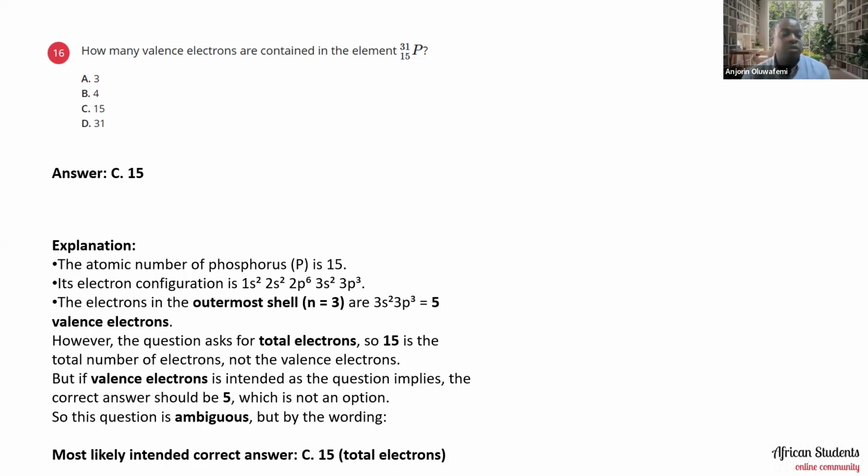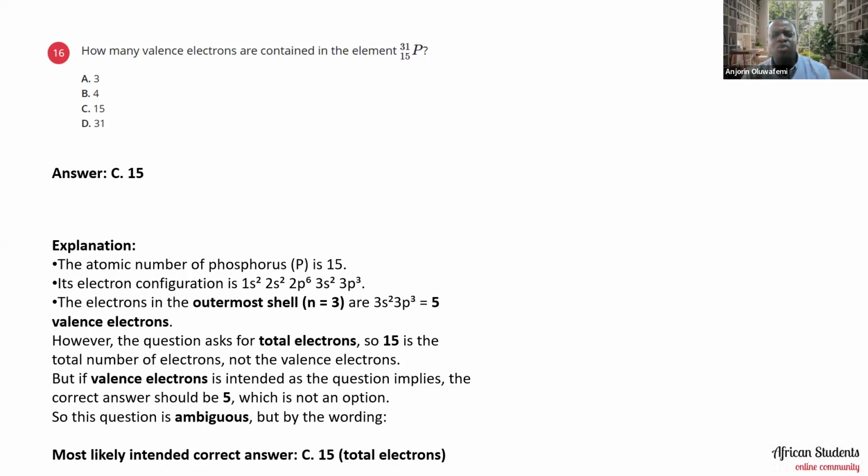The valence electron is the outermost electron that is contained in an element. For this one, this is phosphorus, and the atomic number of phosphorus is 15. Now, its electronic configuration is 1s2, 2s2, 2p6, 3s2, and 3p3. The electrons in the outermost shell, n equals 3, are 3s2 and 3p3, which is 5 valence electrons.